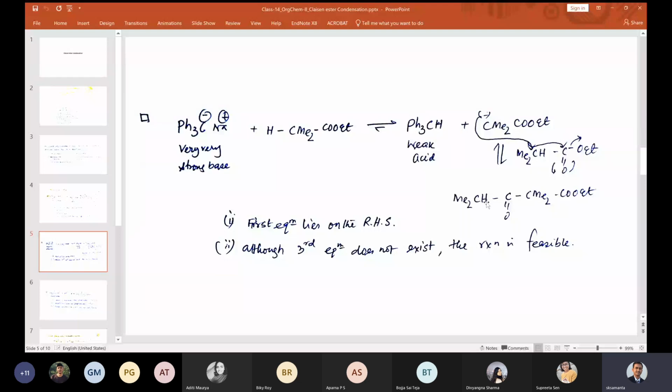Even if this proton could be picked up by this one, it is not required anymore because your first equilibrium itself is more towards the right hand side. So you do not need a third equilibrium. Okay, just the first equilibrium you could shift more towards the right hand side, so the product formation is feasible in this case. Okay.